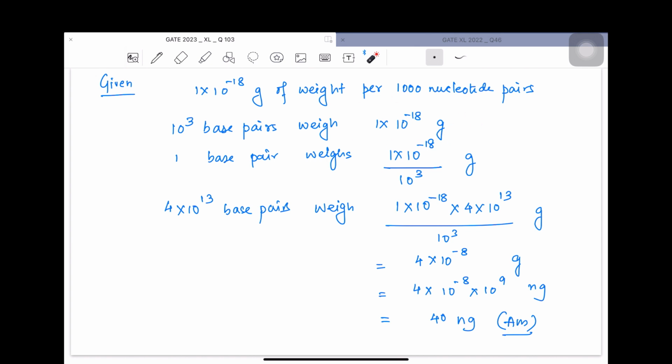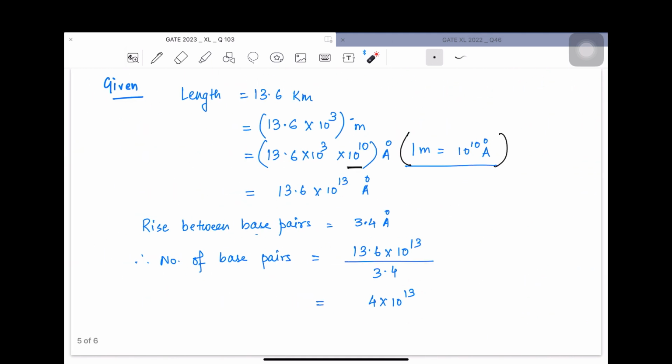So now one base pair will weigh 1 into 10 to the power minus 18 by 10 to the power 3.